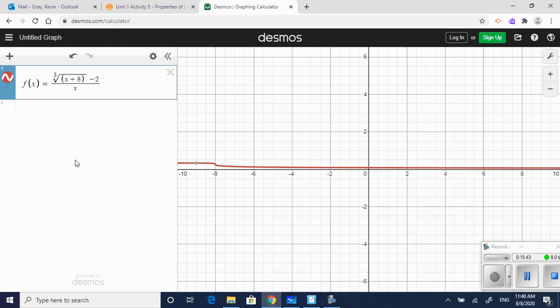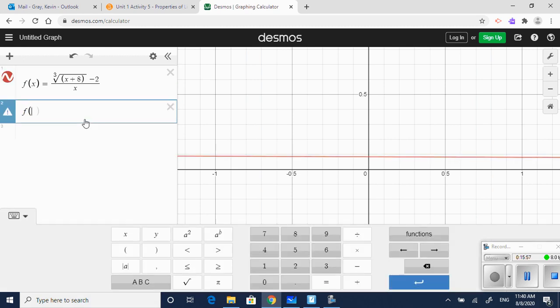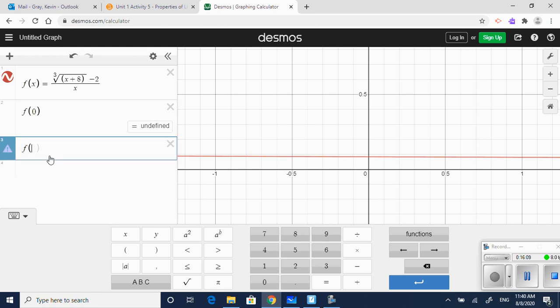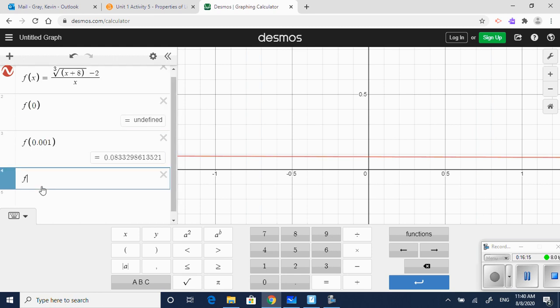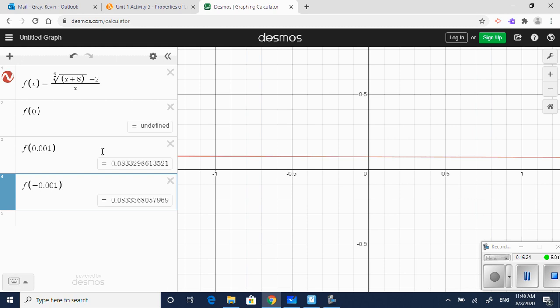So this is what it looked like. Clearly I've got to zoom in because the original question was right here at 0. Notice that it is undefined if I plug in 0, but really close to 0, and really close to 0 on the left-hand side, leads me to the same value.